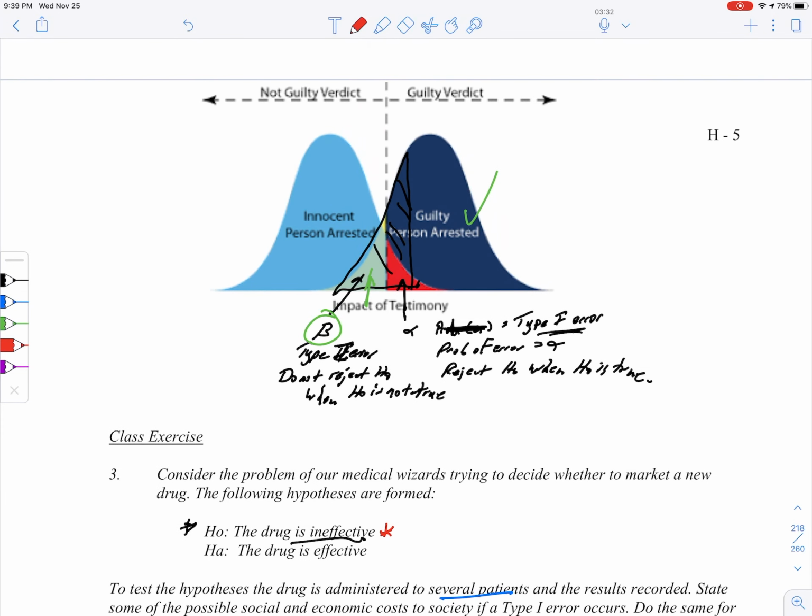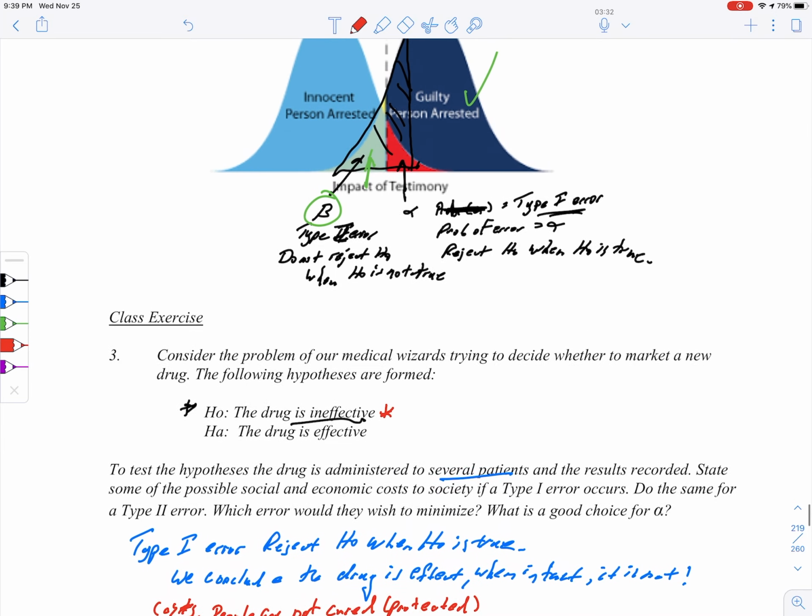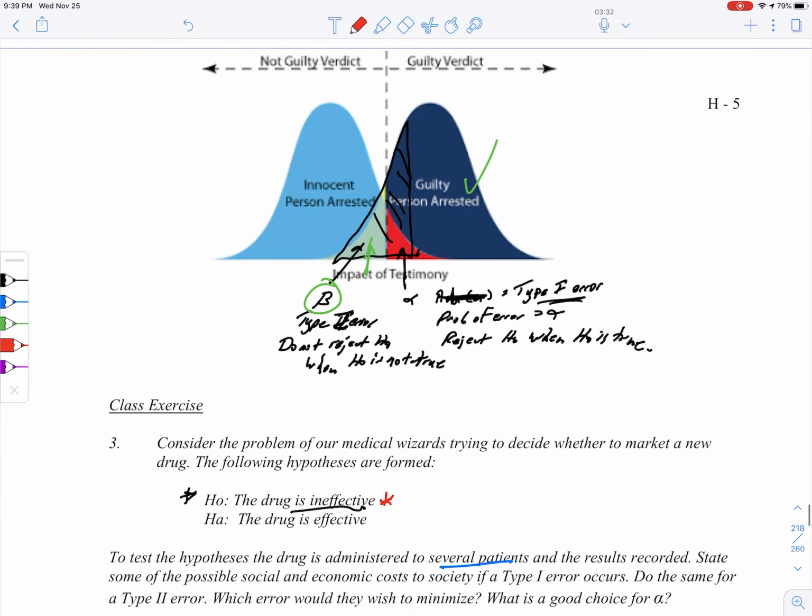Given that, how do you actually determine the costs associated with these kind of things here? If we were to go further in an advanced stats course, we would talk about something called the power of the test, which is looking at the probabilities of various type 2 errors, so the betas, as the distribution shifts.